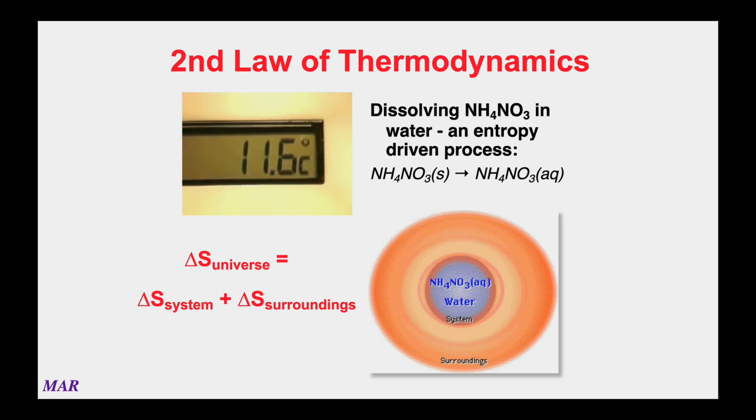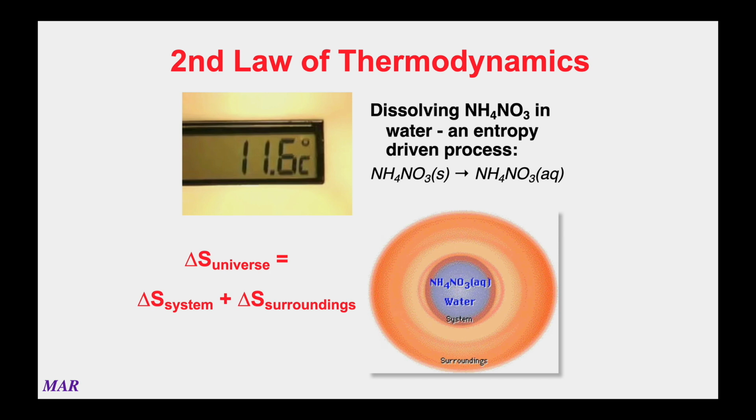Delta S system, delta S of the surroundings. Well, the surroundings is related to the temperature. It's pulling energy from the outside in, all right? So if energy is being pulled from the outside to the inside, entropy of the surroundings is not a positive number. On the other hand, ammonium nitrate, that nice ionic lattice solid being dissolved into liquid water, breaking up into ammoniums and nitrates and stuff like that, that must have a delta S system value that's greater than 0 because something is making delta S of the universe greater than 0.